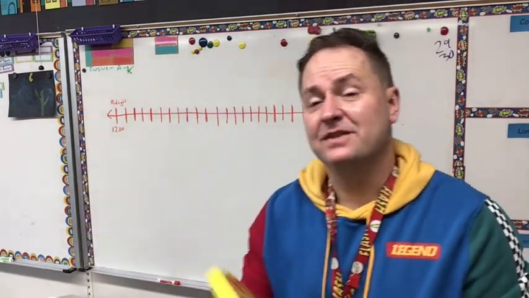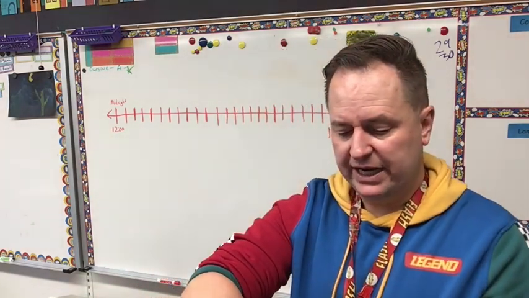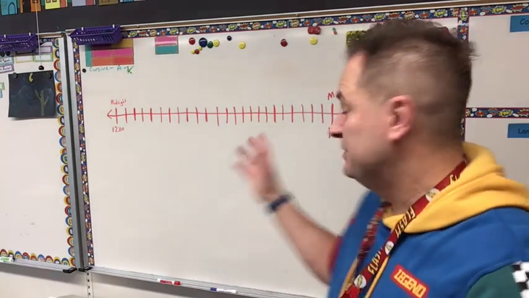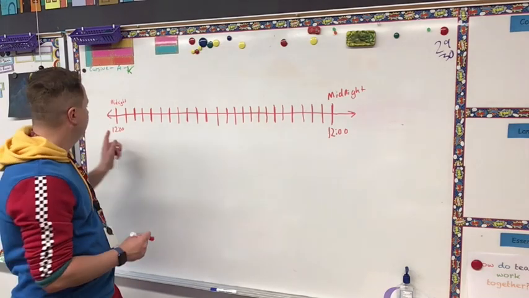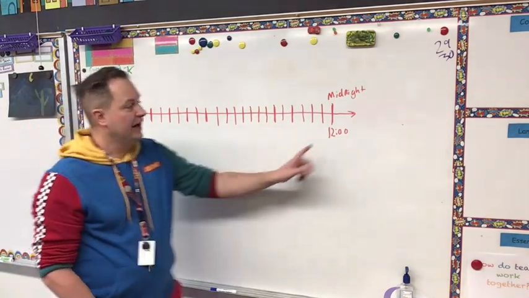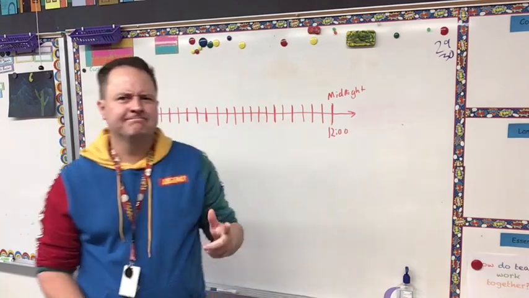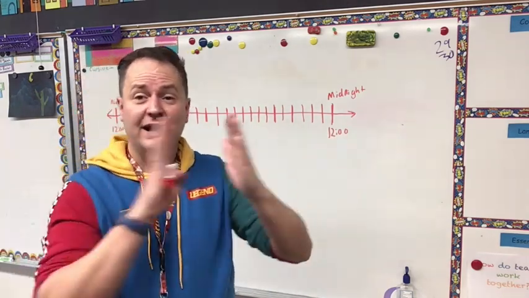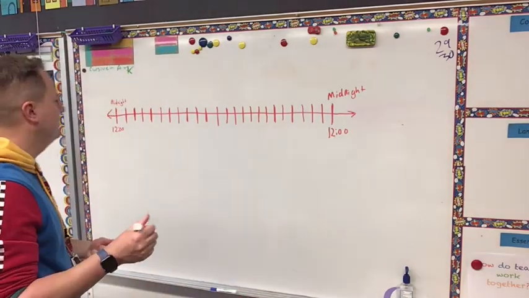All right, so now let's take a look at our number line up here so that we can put some times on here. We have got, as you can see, our timeline here. We've got 12 midnight here and 12 midnight there. The reason being, time runs continuously, correct? So I can label each and every one of these.